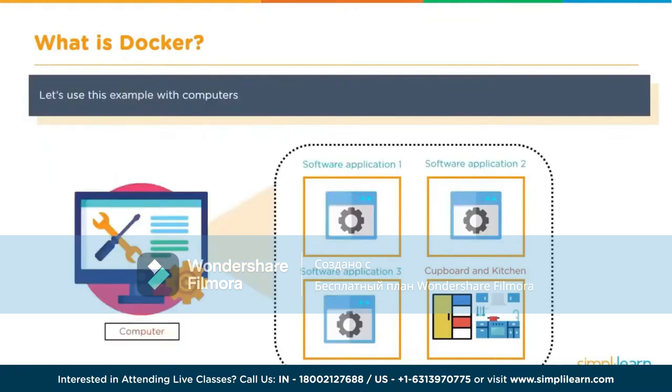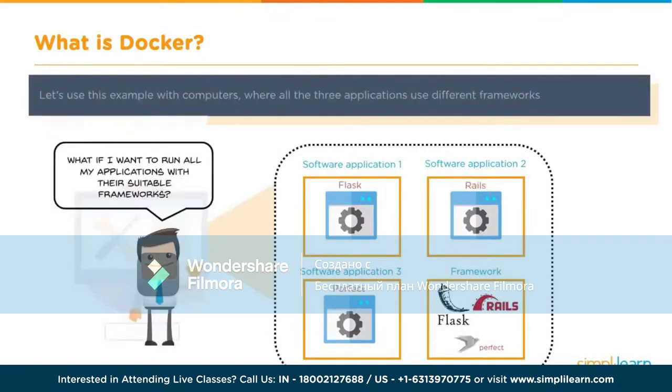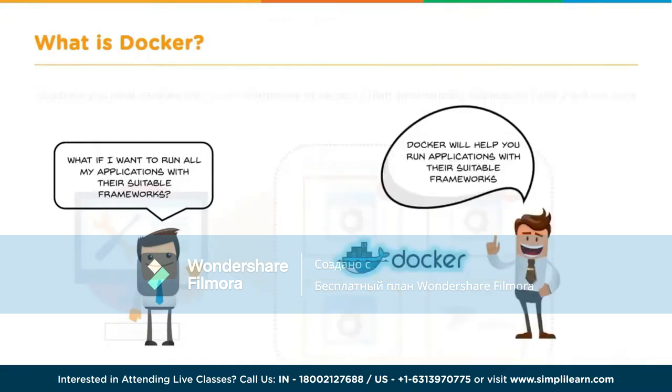This is very similar to how we run software applications today. Each of the applications could end up using different frameworks. So you may have a framework such as Rails, Perl, and Flask, and you may want to have them running for different applications for different situations. This is where Docker will help you run the applications with the suitable frameworks.